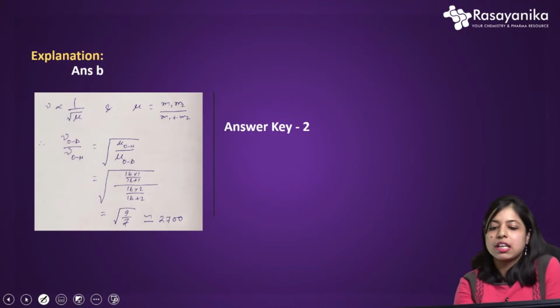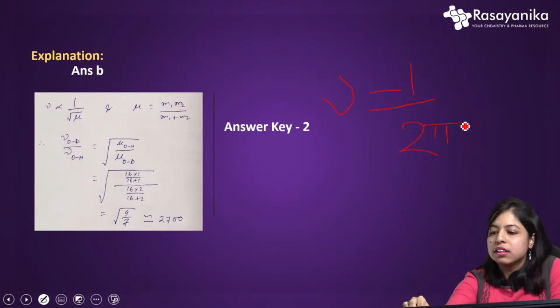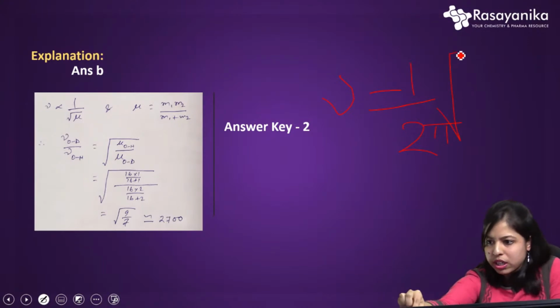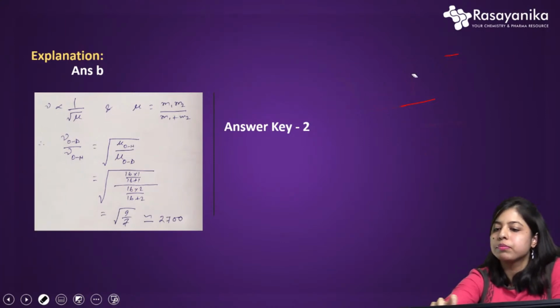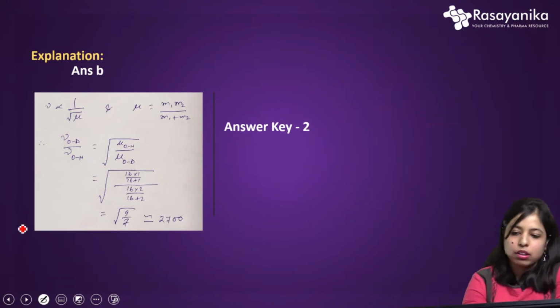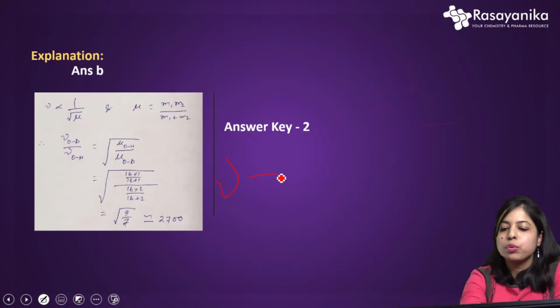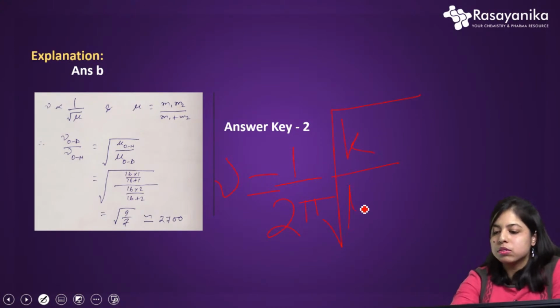We all know that this is basically nu equals 1 by 2 pi into root over k by mu.